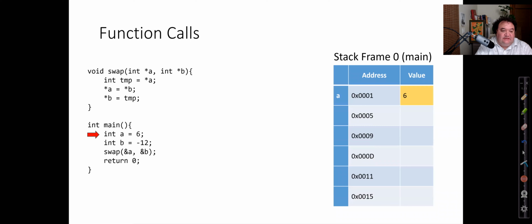So let's look at a basic example. We have two integers, a and b in the main, and we want to swap the values without using a third variable.